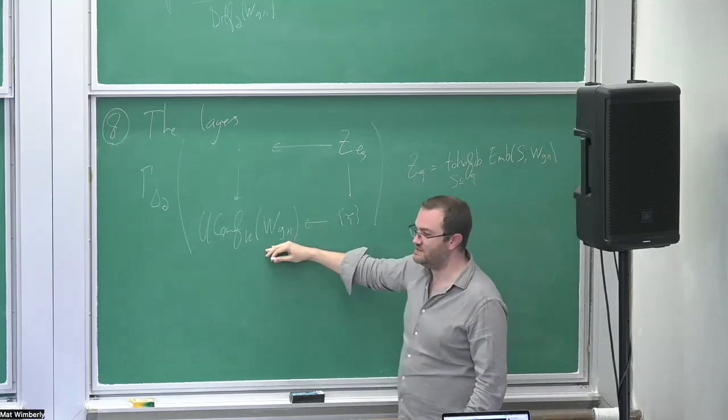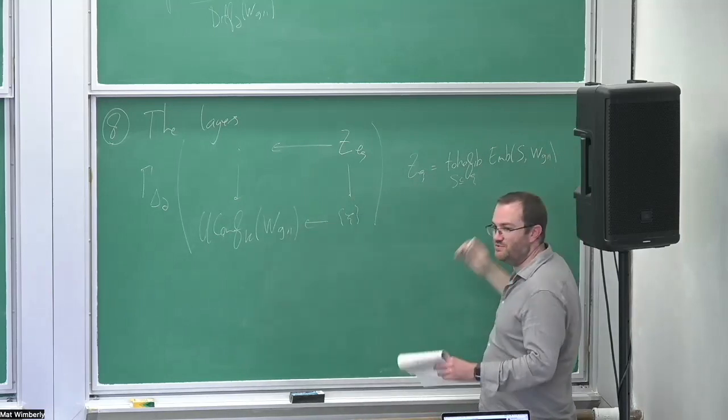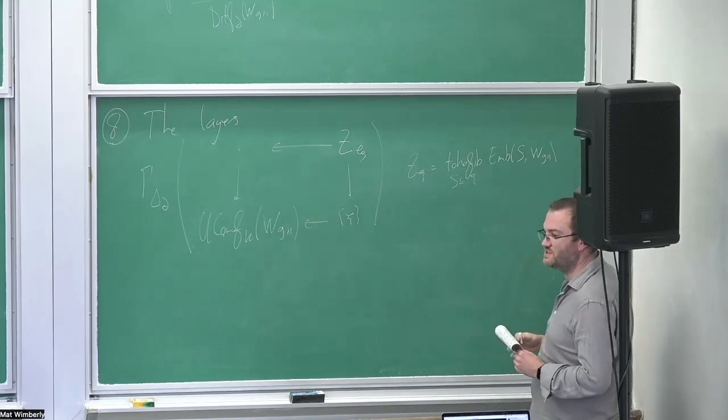Somehow this is the domain W_{g,1} and this is the target W_{g,1} because we're studying self-embeddings.